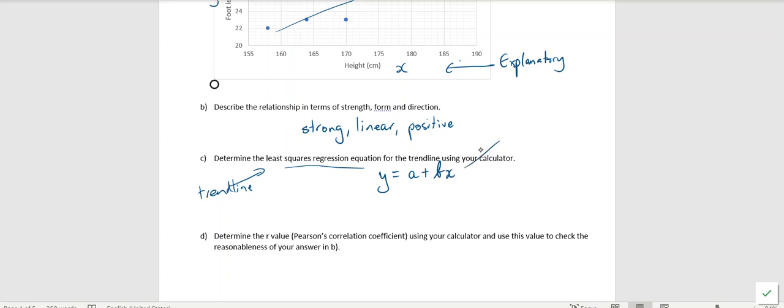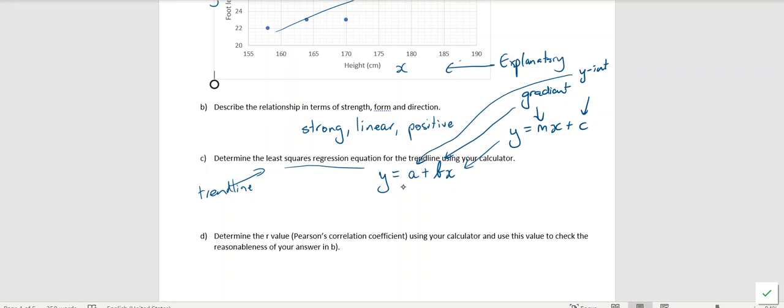That is very similar to what we used in junior, which was Y equals MX plus C, where M is the gradient and C is the Y-intercept, where it crosses the Y-axis. So when it's Y equals A plus BX, the gradient is your B, the X coefficient, and the Y-intercept is the A part.